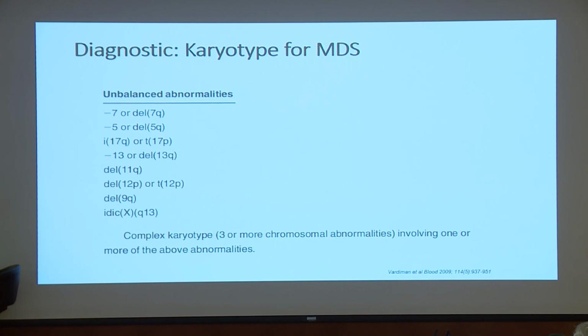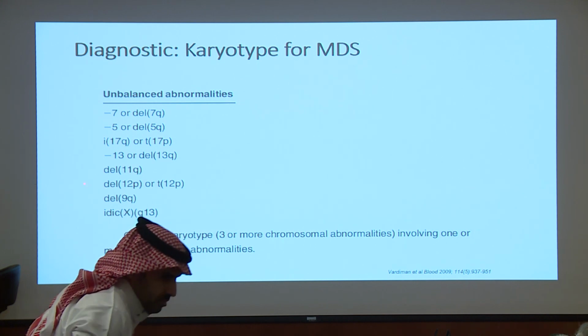So the WHO accepts certain chromosomal abnormalities as presumptive evidence for MDS. And as you can see, these are the abnormalities that we can see frequently with MDS.